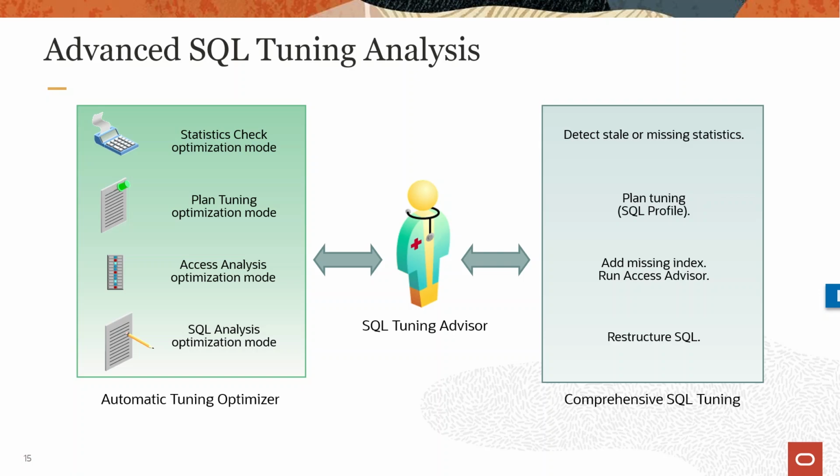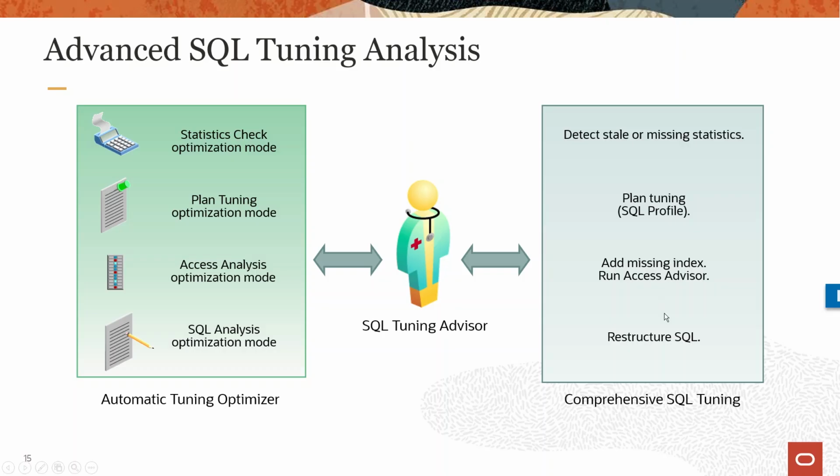And once you do so, it's going to check if the optimizer statistics are up to date. It's going to see that maybe by adding an index, we can come up with a much better execution plan. But the advice will be to run the Access Advisor, which is the expert on index utilization, partitioning, and materialized views.